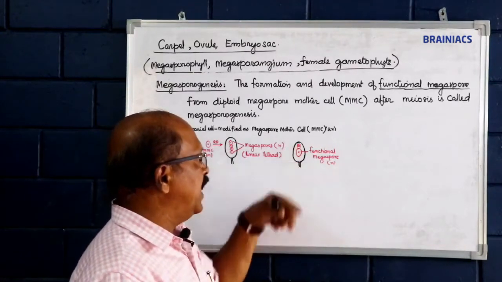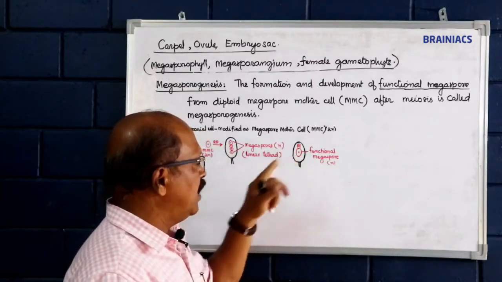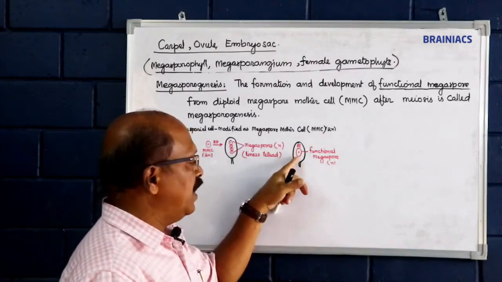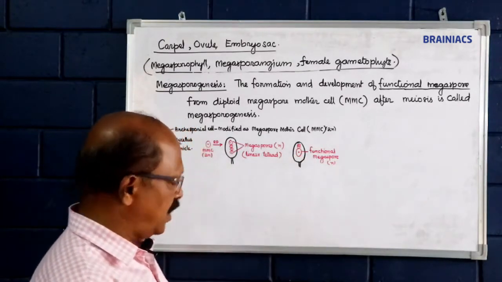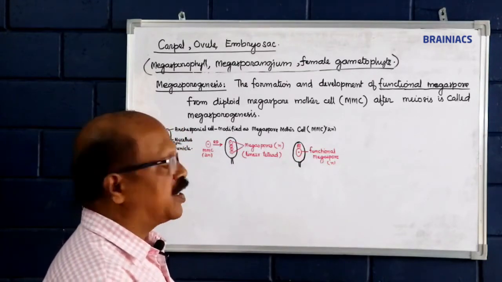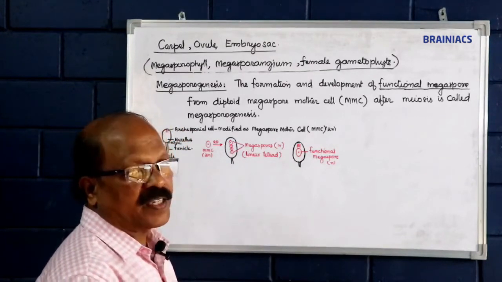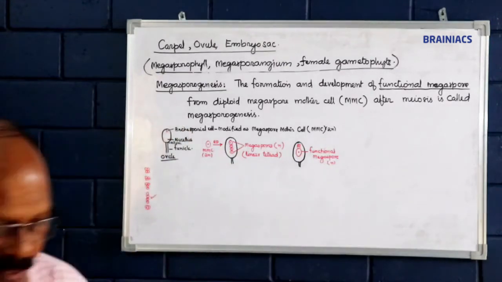Three of them disintegrate, and one remains functional and enlarges in size, which is haploid. It is called the functional megaspore.